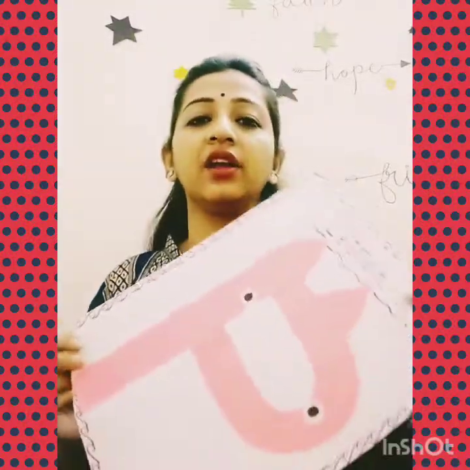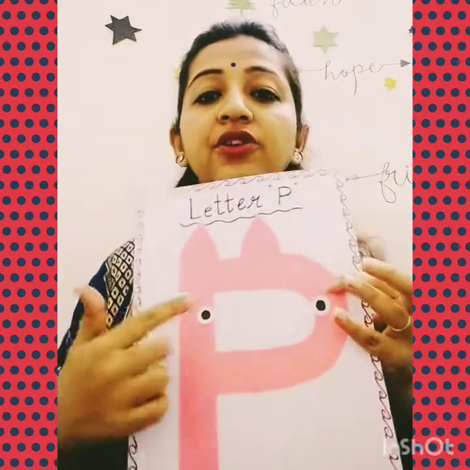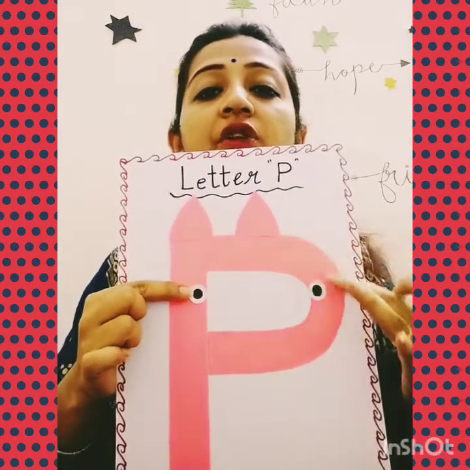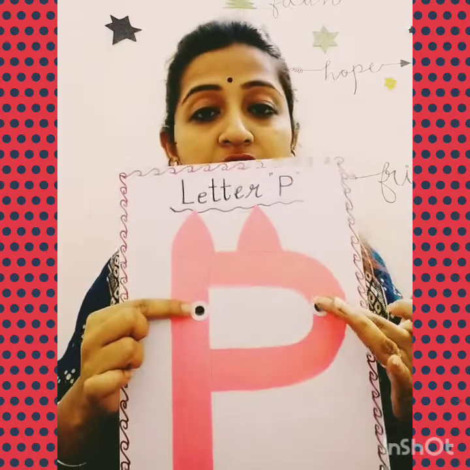So you have to paste these two white and black circles like this. First you have to paste one on this standing line, and one you have to paste on this curve side. Okay. Now last, you have to make one oval shape paper, then you have to mark these two black circles on this oval shape paper.